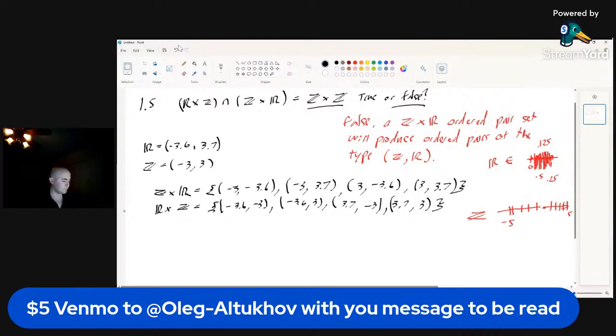If it's the union, would that produce an R by R set? Actually, I think I got the order of truth and false backwards here.